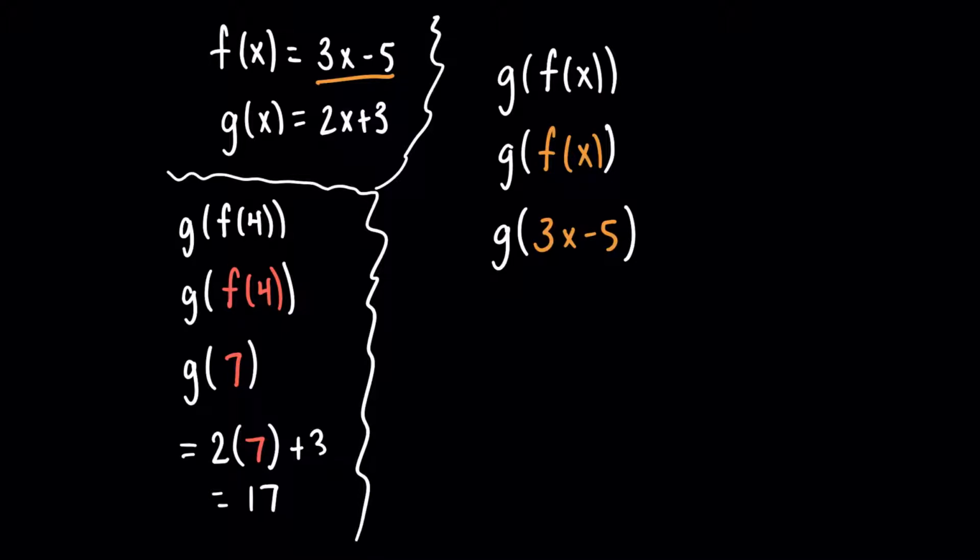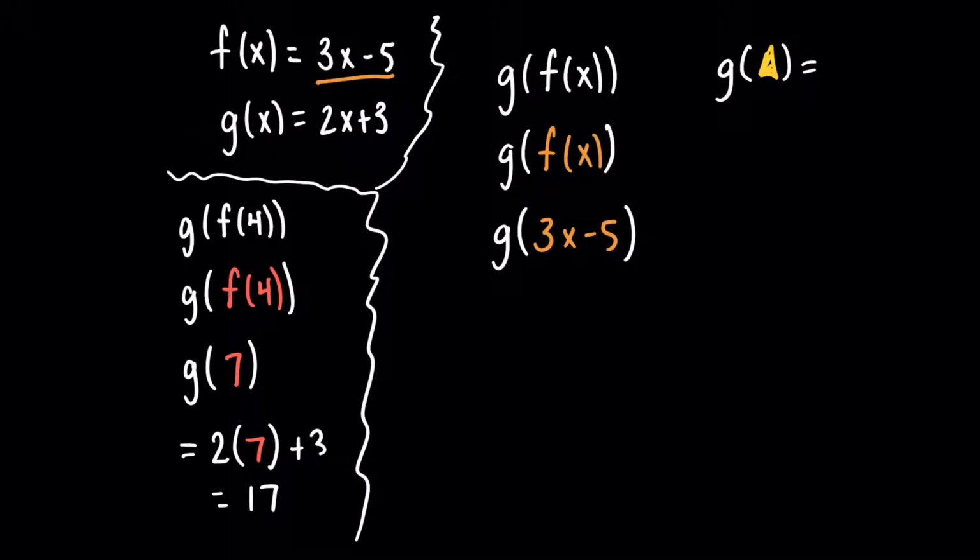Okay, and this is where people have the hardest time because they're like, wait, what? G of x is 2x plus 3. How am I supposed to do g of 3x minus 5? And if you're struggling with this still, I want to bring you back to the idea of g of something goofy like yellow triangle. Okay, what's g of yellow triangle? And the answer is, well, just come over and look at the rule.